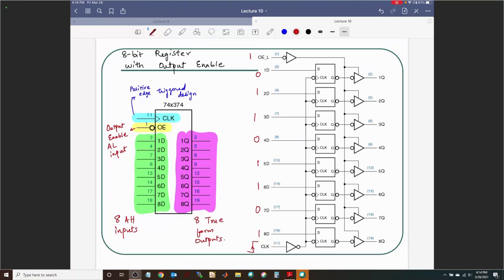What should I write? Contents of the register in hex form. What should I write in this case? Output enable is 1. OE underscore L is 1.